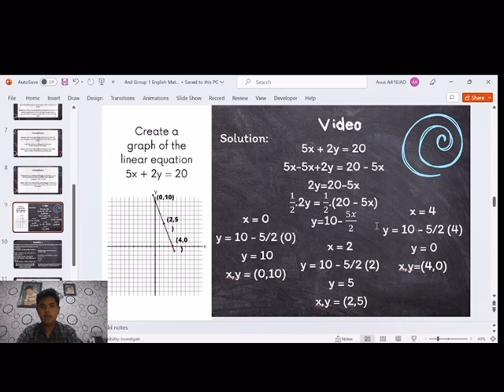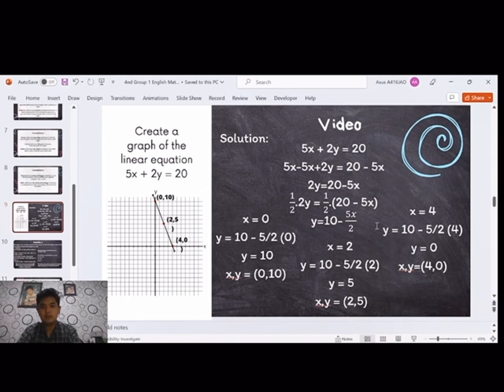And here I need auxiliary points to make it. So x equals 0, it will be y = 10 - 5/2 multiplied by 0, so y equals 10.